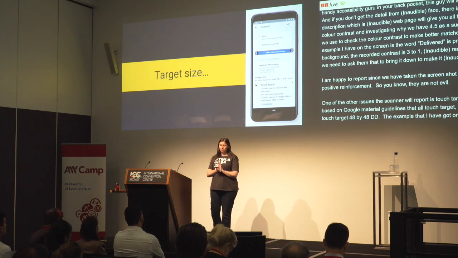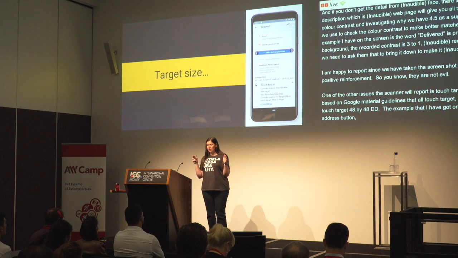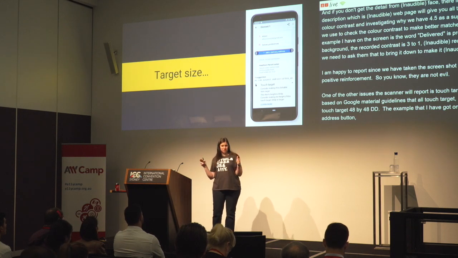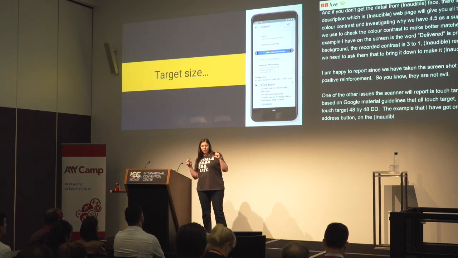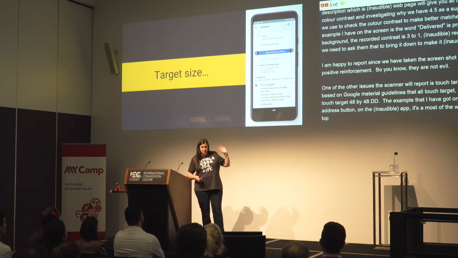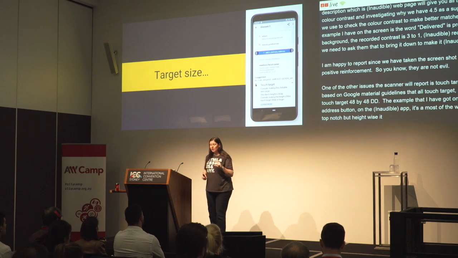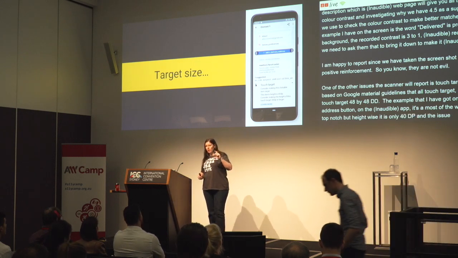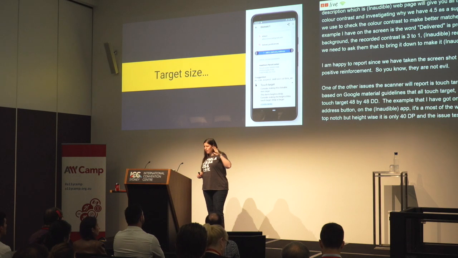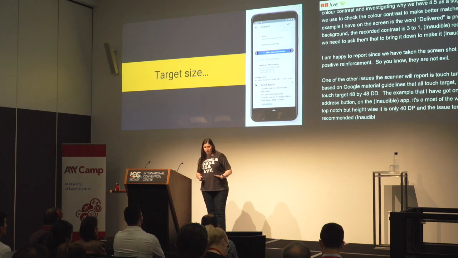It's a most of the width of the screen button, so width-wise it's top-notch, but height-wise it's only 40 dp, and the issue text is saying it's only 40 dp. And it's recommending bump it up to 48, make that button a bit fatter, and it'll be much easier for people to hit.